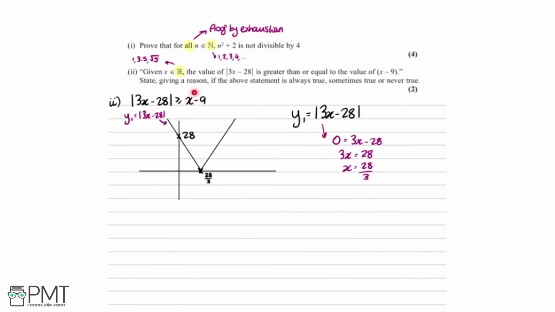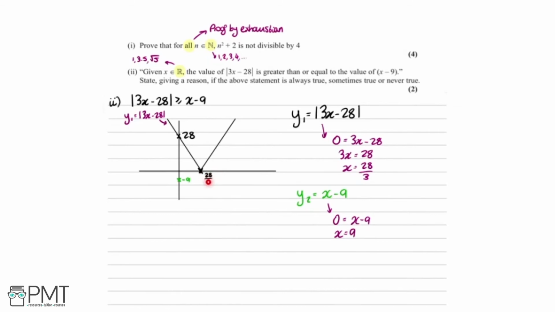So now we're going to focus on the x minus 9. I'm going to use a different colour for this. We're going to say that y2 equals x minus 9. Firstly, the y-intercept is going to be minus 9, so I'm going to sketch that about here. And then working out the x-intercept, if we set y2 to equal 0, we get 0 equals x minus 9, so x equals 9.